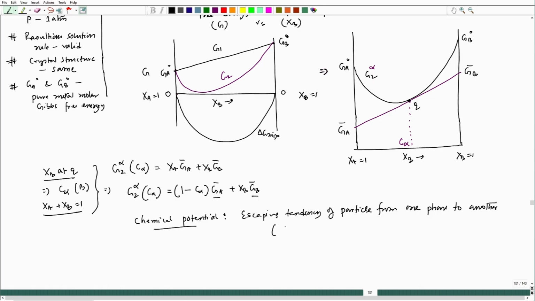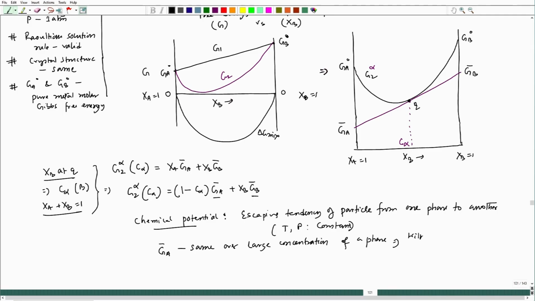Of course, we fix T and P constant. Now, if the escaping tendency of any of those components, GA bar, is the same over a large range of concentrations of a phase, then I can say that with respect to A, all those phase concentrations are in equilibrium, because the escaping tendency of A from that phase at all concentrations is equal.